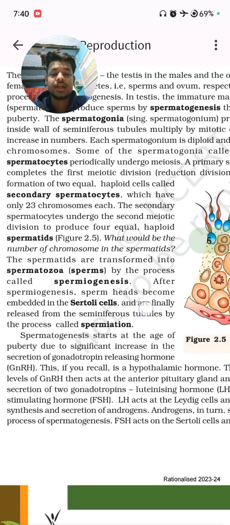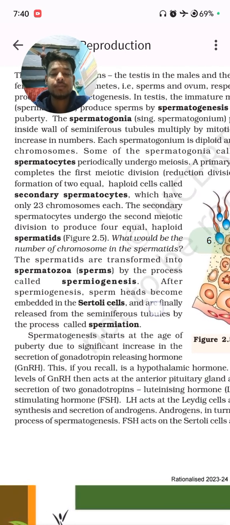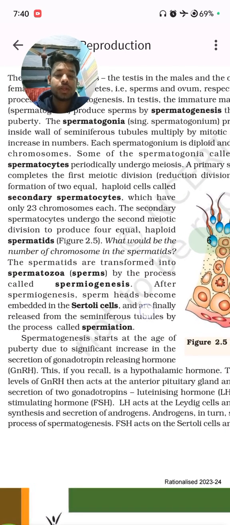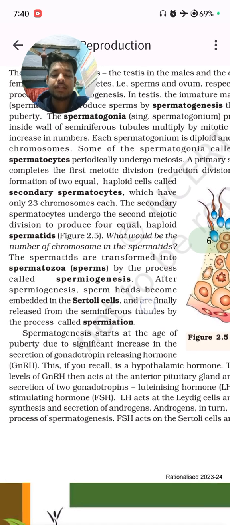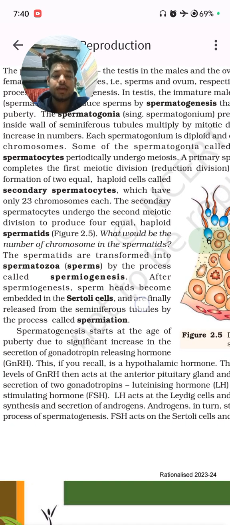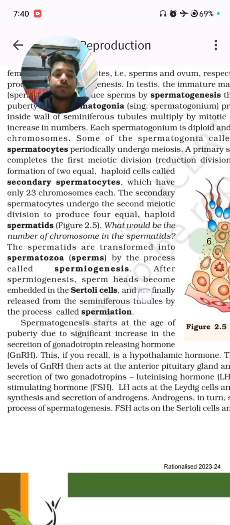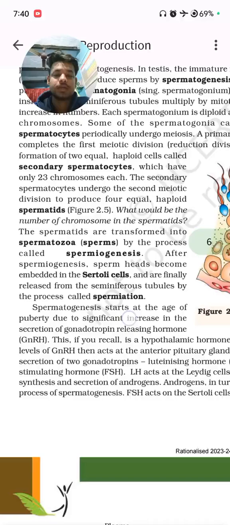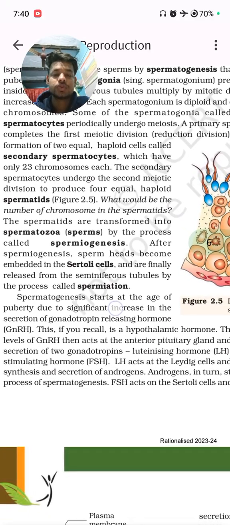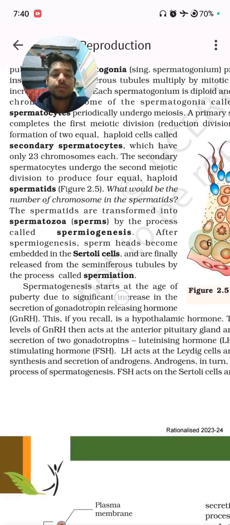The secondary spermatocytes undergo the second meiotic division to produce four equal haploid spermatids. Figure 2.5. What would be the number of chromosomes in the spermatids? The spermatids are transformed into spermatozoa, or sperms, by the process called spermiogenesis.